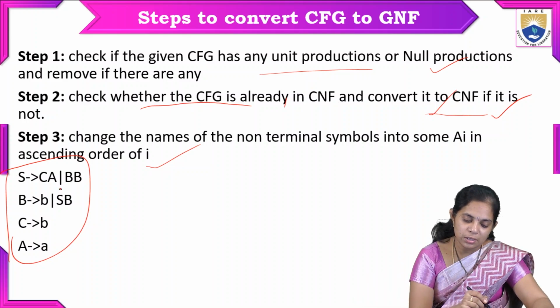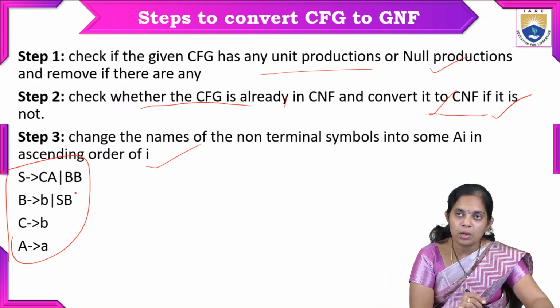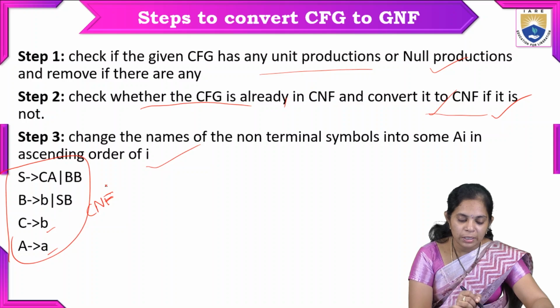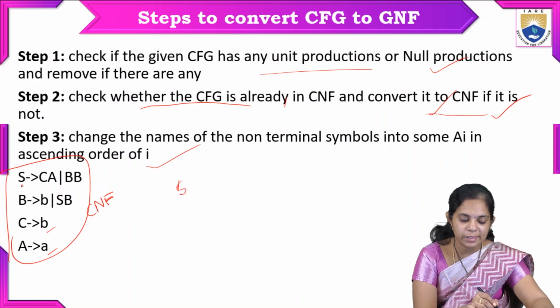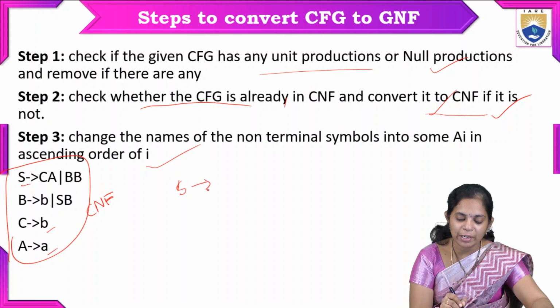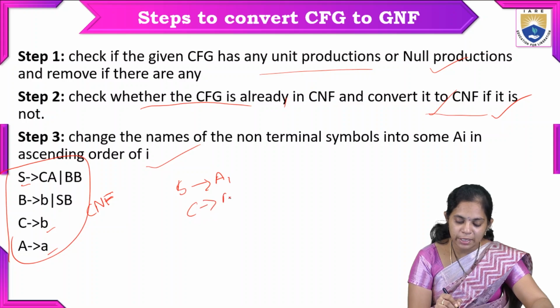So here all have only two non-terminals or a single terminal. So this is already in CNF. And the next, third step: suppose S is the start symbol, so S I will assign as A1, and C assign as A2, and A assign as A3, and B assign as A4.